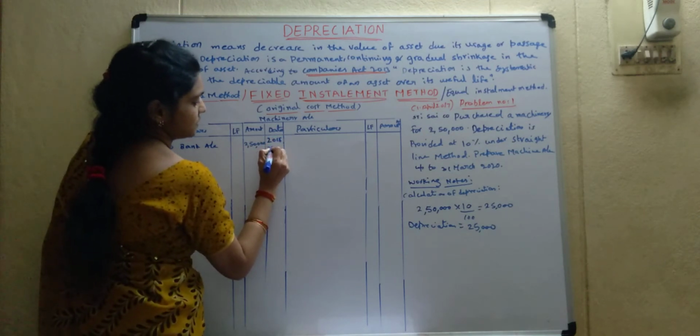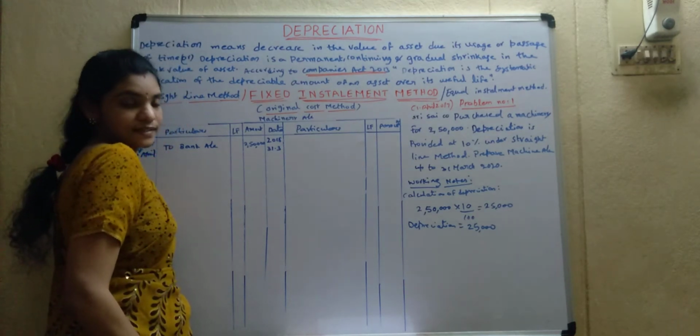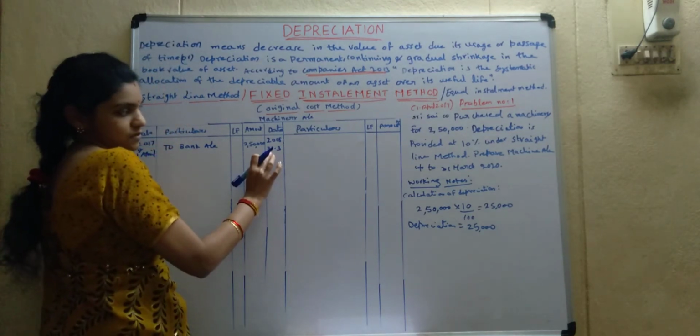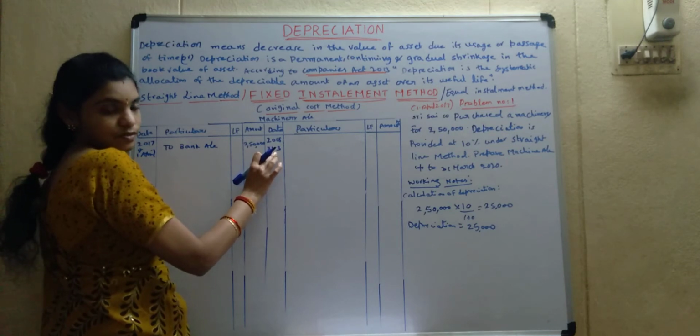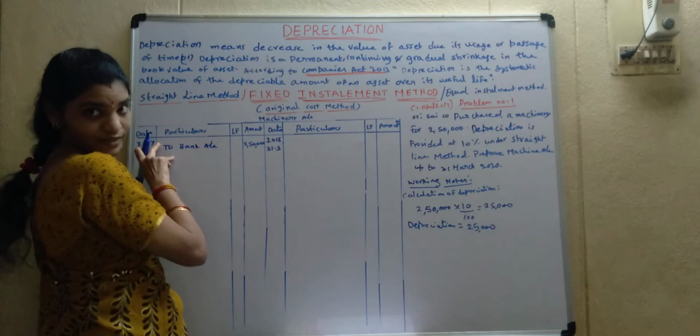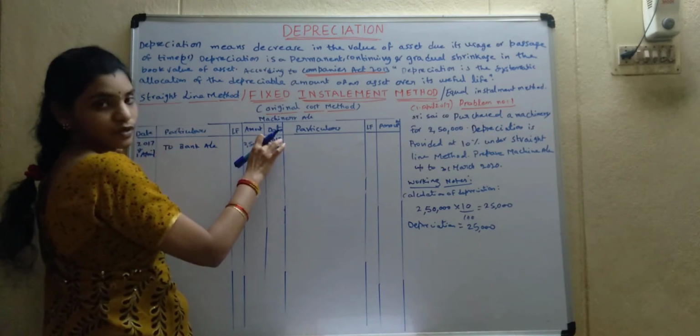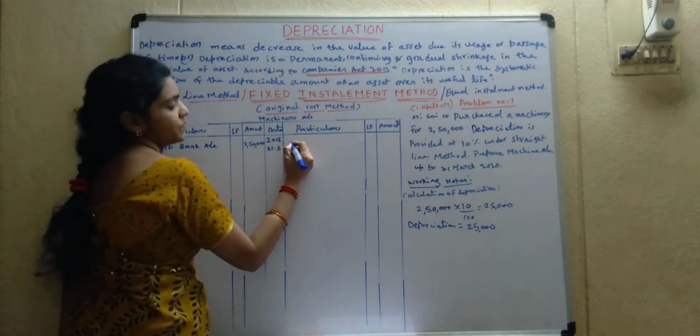Every financial year ends on 31st March. So we purchased the machinery in 2017 and we write off the depreciation in March 2018.